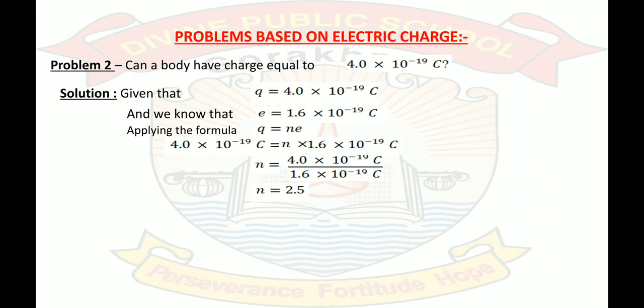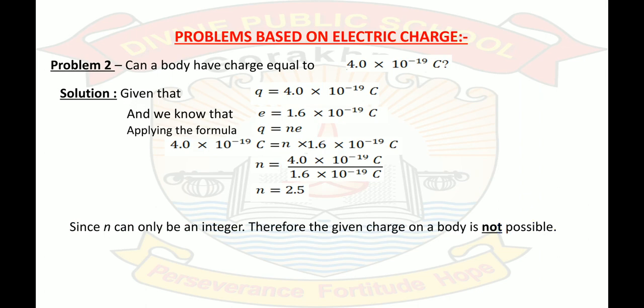This must be an integer. So what do we say in the answer? We'll say that since n can only be an integer, therefore the given charge on the body is not possible, which is our answer. Okay, now you must have understood that this question can be asked by changing the value of the given charge.